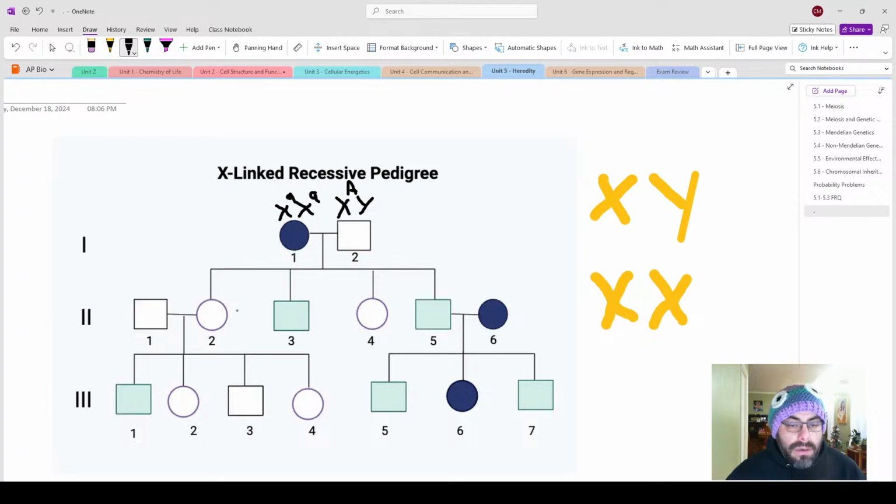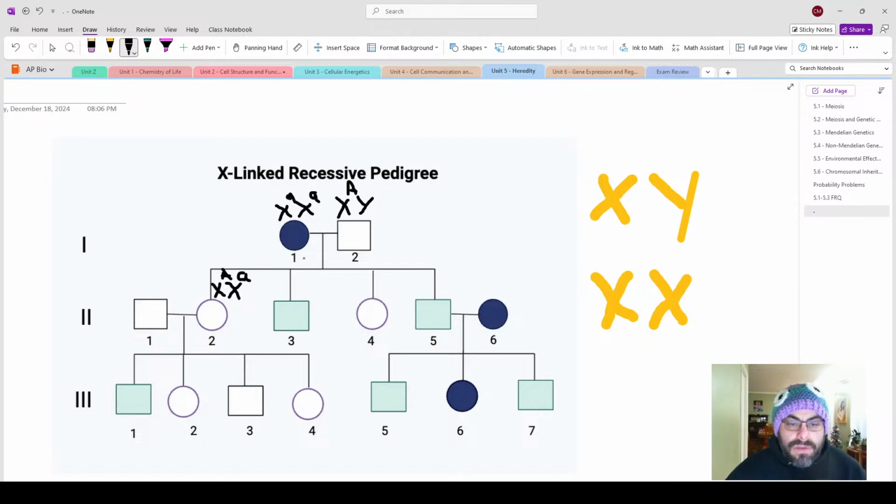Well, here's the daughter. This daughter only gets one type of X from mom, and it's a little a, right? And dad only has one X to give. It's always going to be the same. And so this individual is big A, little a.